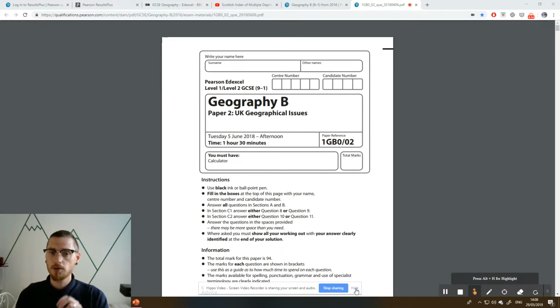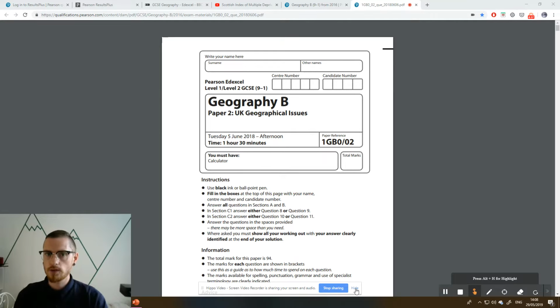So this is part 2 of the Paper 2 Edexcel B Geography GCSE walkthrough. I had just got halfway through talking about fieldwork, and I would like to finish looking at it. As a quick refresher, we're on Section C, the third section of Paper 2.